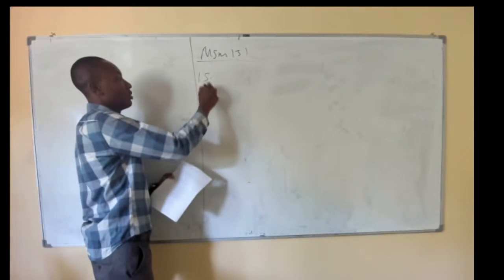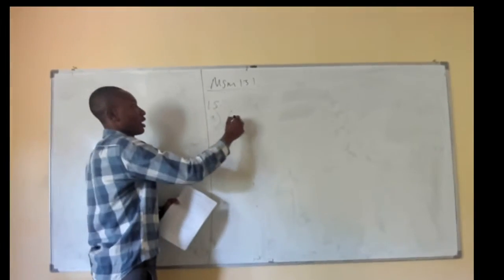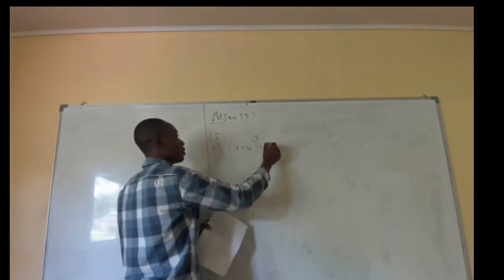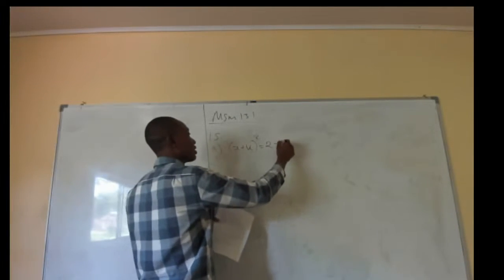I'll start with (a): (x + k) squared is equal to 2 minus 3k.